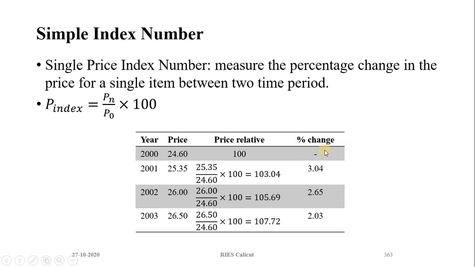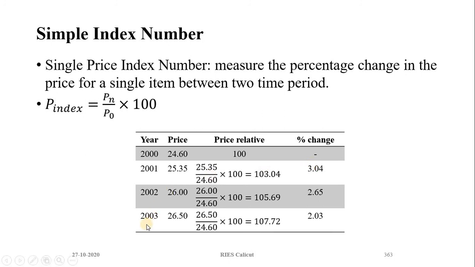And what is the percentage change? This is 100 and this is 103.04. What is the percentage change? 3.04. Okay, so what does it mean? Compared to 2000, the price of this particular single commodity has increased by 3% in 2001.